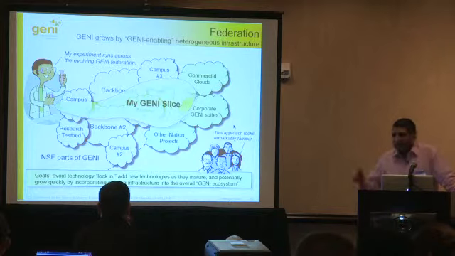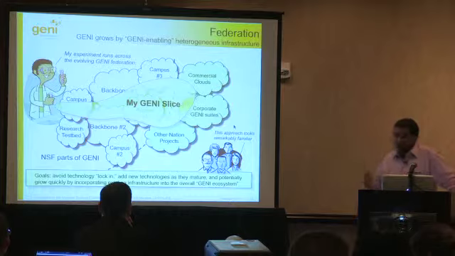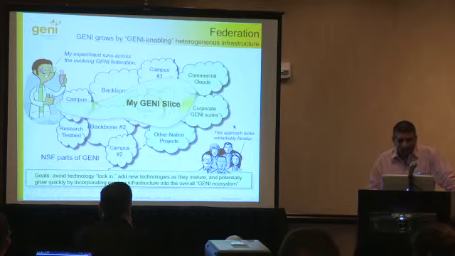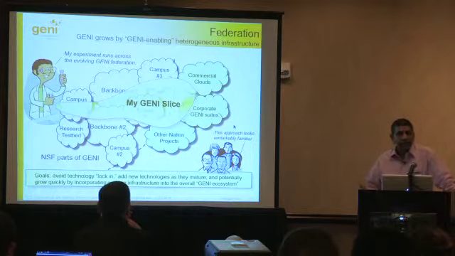What that means is we put an API on these resources, existing test beds, such as you might have heard of PlanetLab out of Princeton, you might have heard of Emulab from Utah, you might have heard of the ORBIT wireless test bed out of Rutgers. So there are a variety of these test beds that have been built over the years.